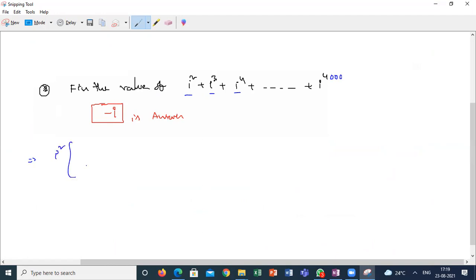If I take i square common, what will I get, guys? 1 plus i plus i square plus i cube, and so on, up to i power 3999. Am I right? Yes, sir.